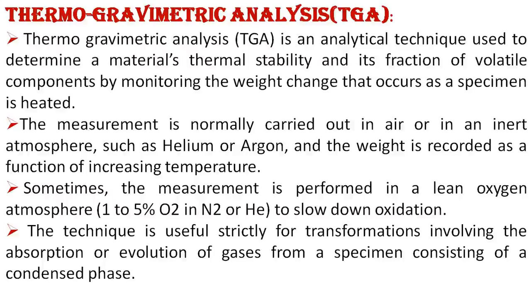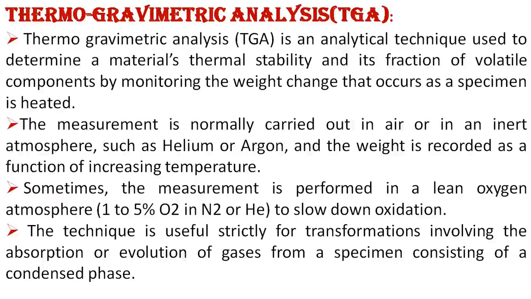Sometimes the measurement is performed in a lean oxygen atmosphere, 1 to 5% O2 in N2 or helium, to slow down oxidation. The technique is useful strictly for transformations involving the absorption or evolution of gases from a specimen consisting of a condensed phase.